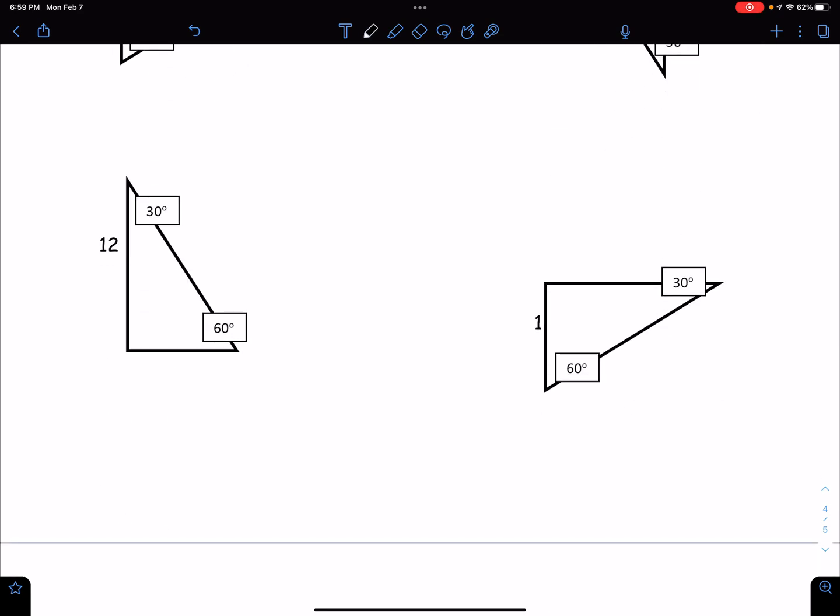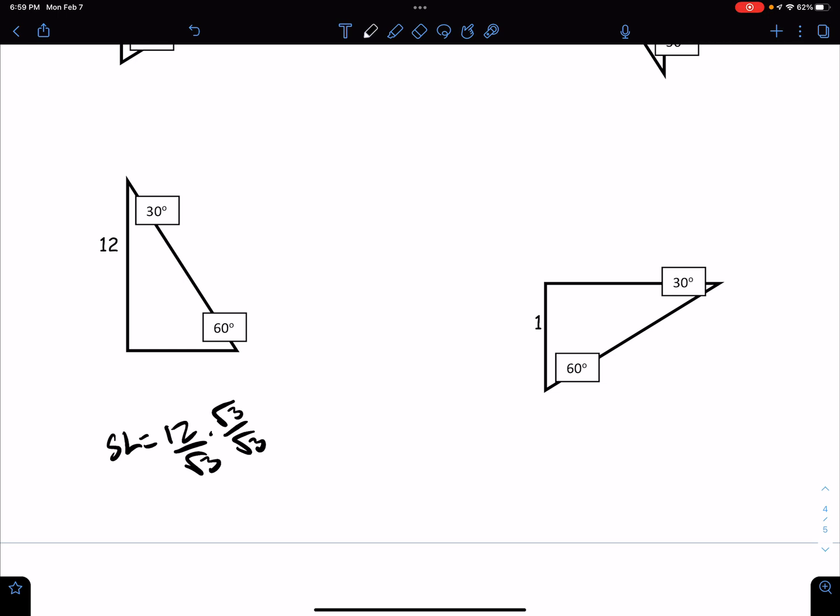So I know that if my longest leg is 12, right? I know that my shortest leg is going to equal 12 divided by the square root of 3, times, I'll get the radical out of the bottom, times the square root of 3 over the square root of 3.